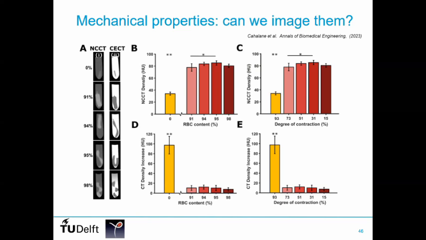Like I said, I'm not going to talk about the contrast enhanced scans. So yes, apparently this is promising and expected. At least in these simple conditions, we seem to be able to discriminate between very low and very high red blood cell content thrombi. So very soft one and very stiff one.